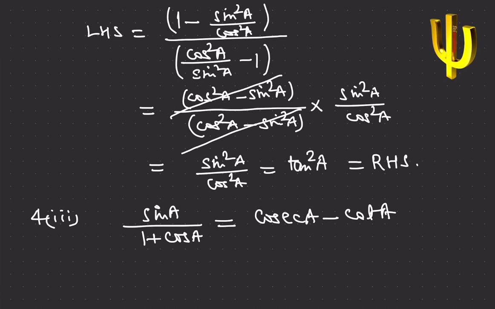So let LHS, left hand side, equals sin A divided by 1 plus cos A. Now further we will multiply this fraction by the conjugate of 1 plus cos A in the numerator and denominator.